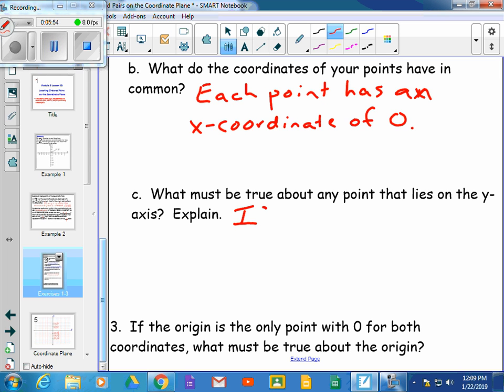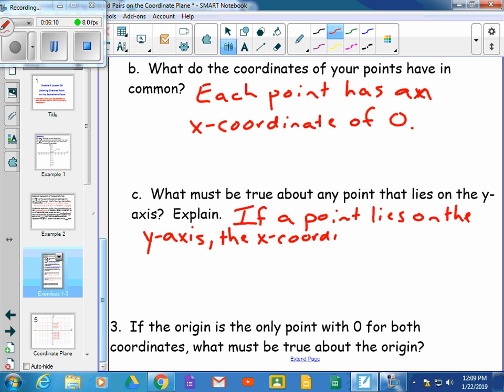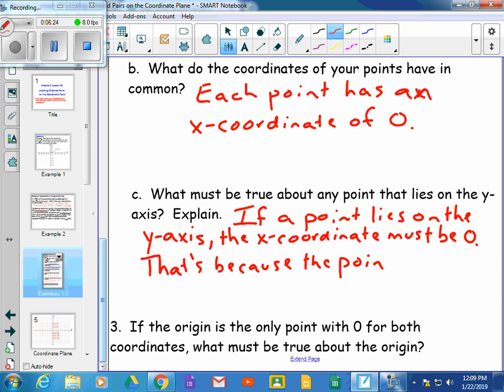If the point lies on the y-axis, the x-coordinate must be 0. That's because the points are not going left or right.